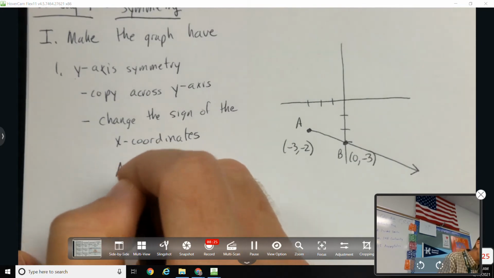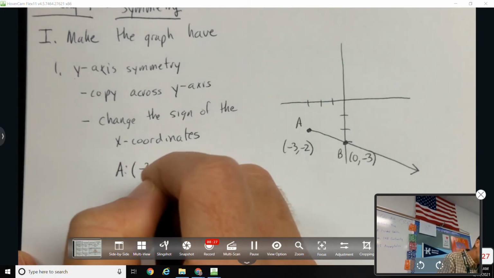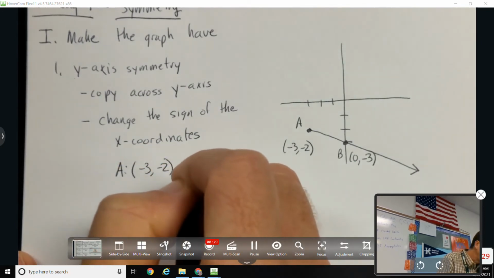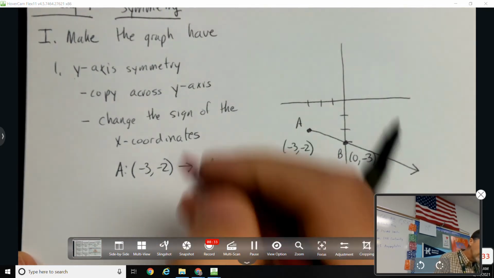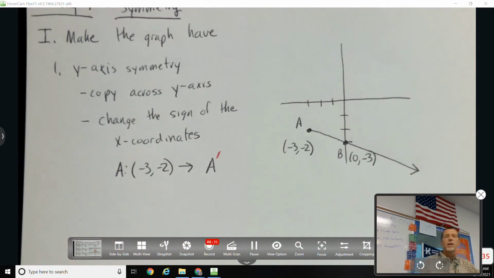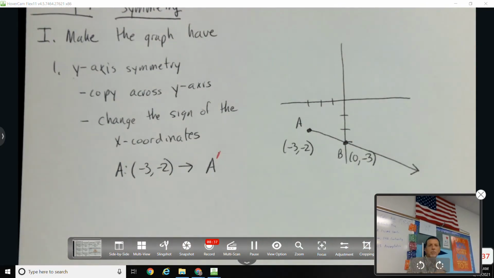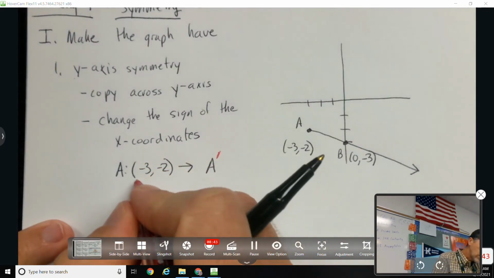So let's take point A, -3, -2, and I'm going to find A prime, which is the reflected point, and it says change the sign of the x coordinate.